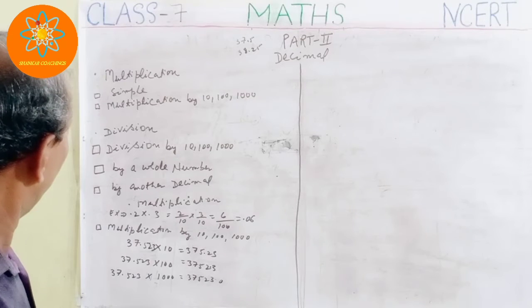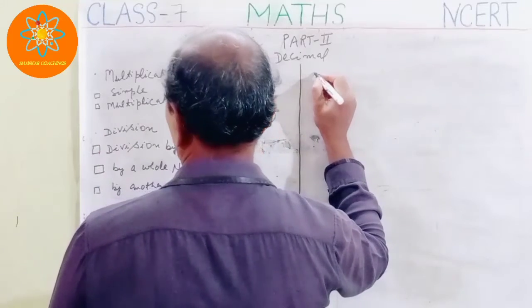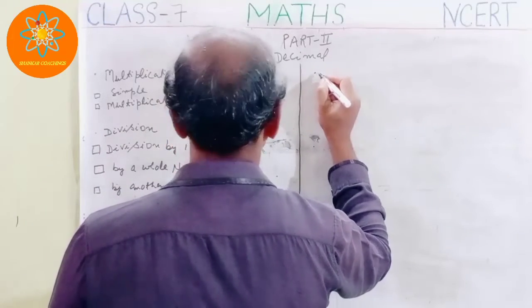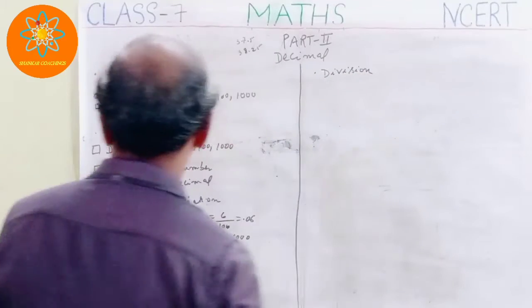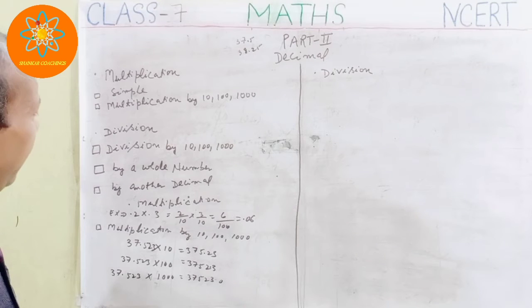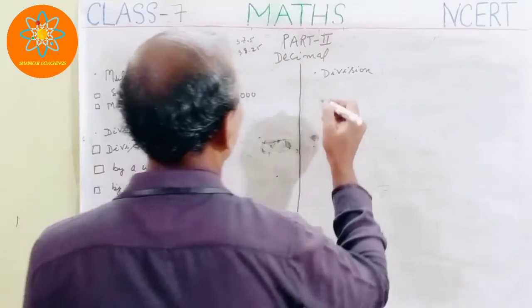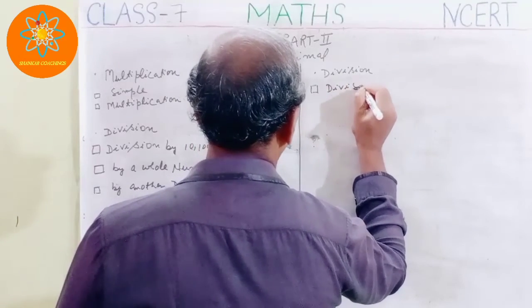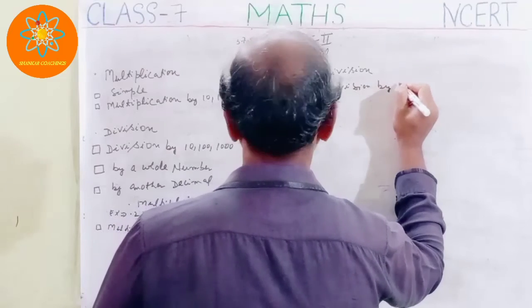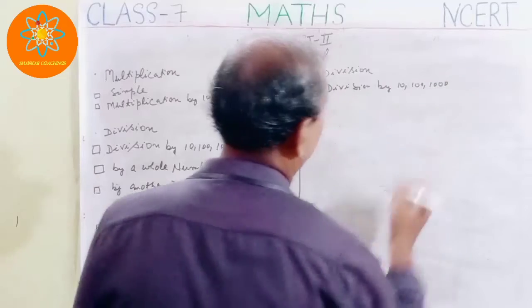Okay. Now the next one is division. Division by 10, 100 and 1000.